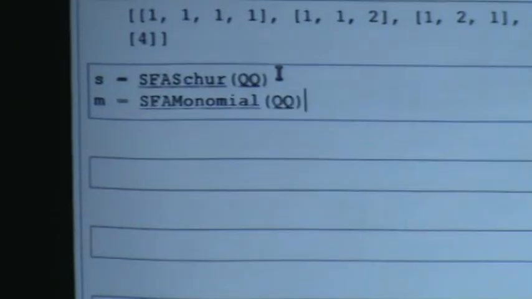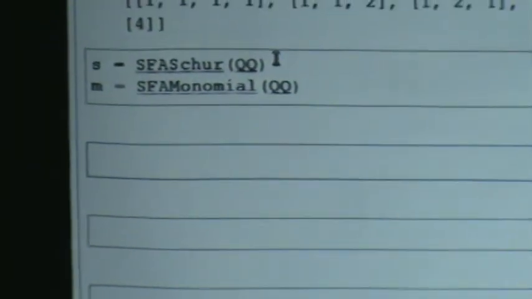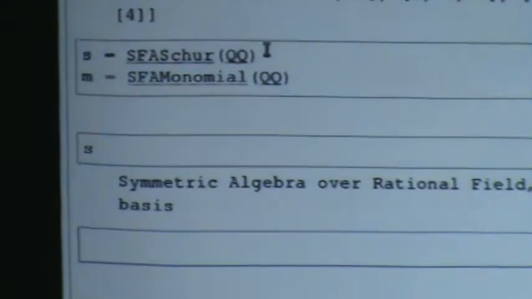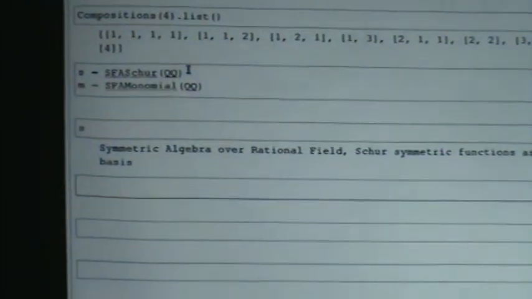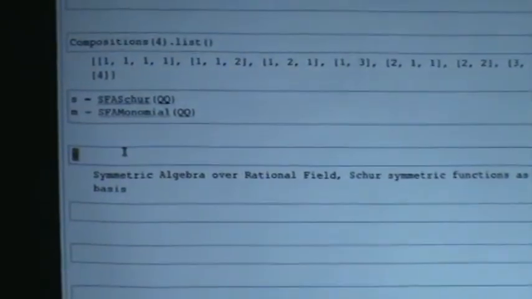It just declares the space you're working in. If I type in S, it's a symmetric function algebra over the rational field with this as your basis. This is the object corresponding to the parent space. So I can create that, and that's how it shows up in Sage, S of 2, 1.